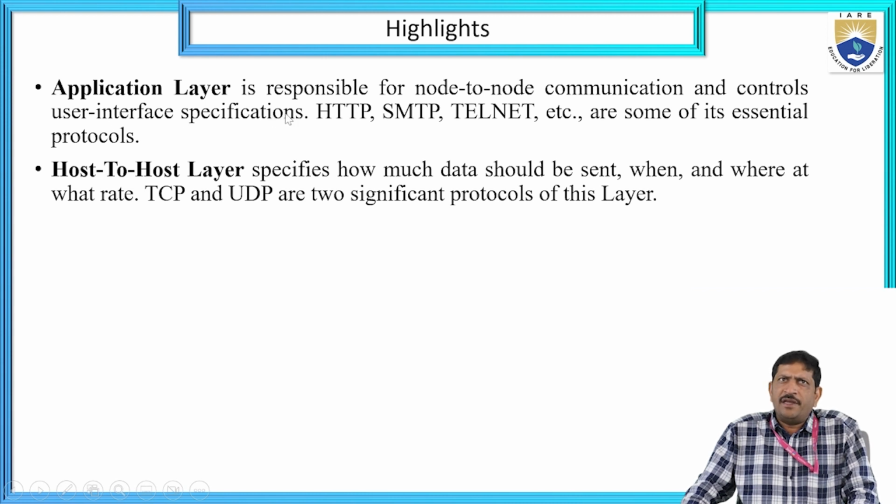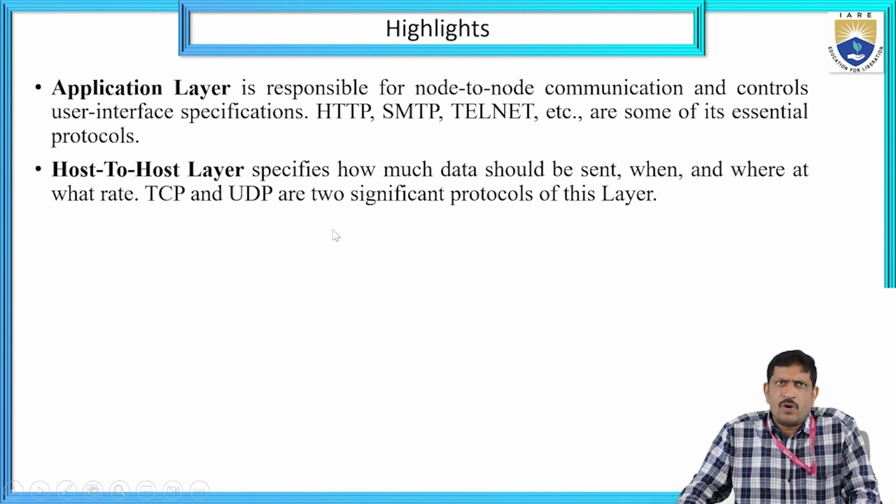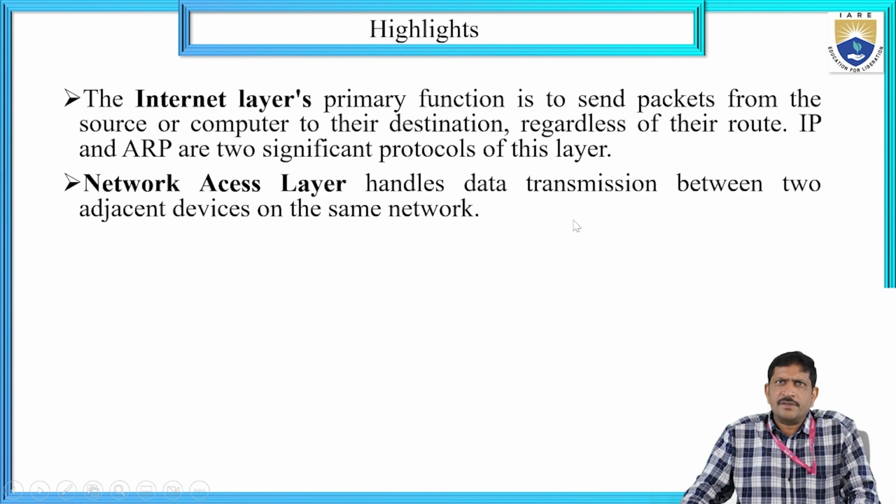Highlights of TCP/IP. First, the application layer is responsible for node to node communication. That means system to system communication, which controls user interface specifications. HTTP, SMTP, Telnet, etc. are some of the essential protocols. Host to host specifies how much data should be sent, when and where, and at what rate. TCP and UDP are two significant protocols of this layer.